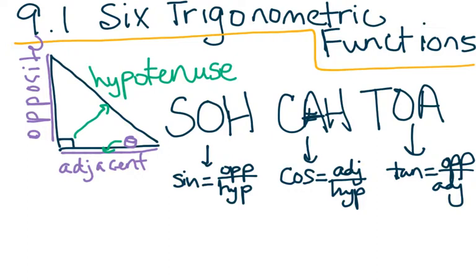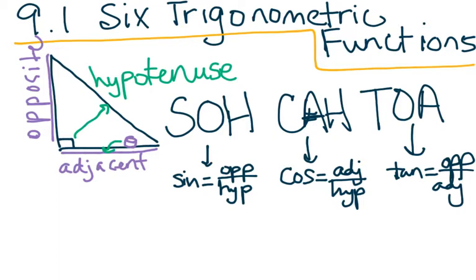Now, you may ask yourself, what if I turn these upside down? Like if I had the hypotenuse over the opposite, or the hypotenuse over the adjacent, or the adjacent over the opposite. Those are our other three functions, and those are exact inverses. The inverses, I'm going to write in a different color.